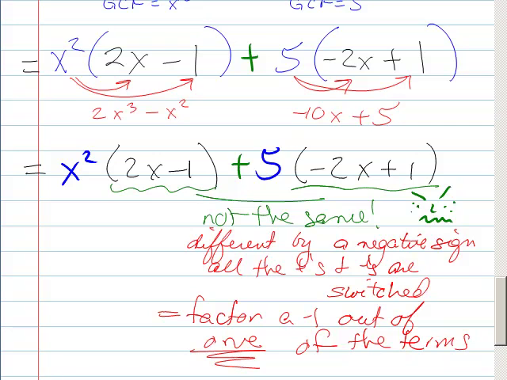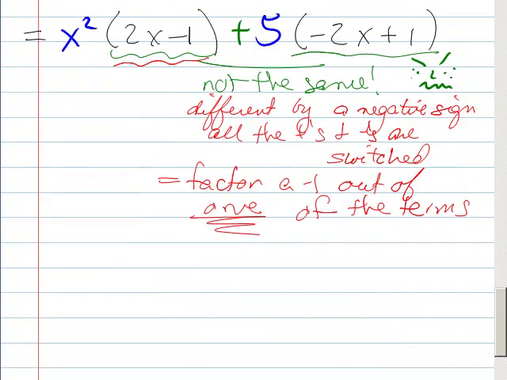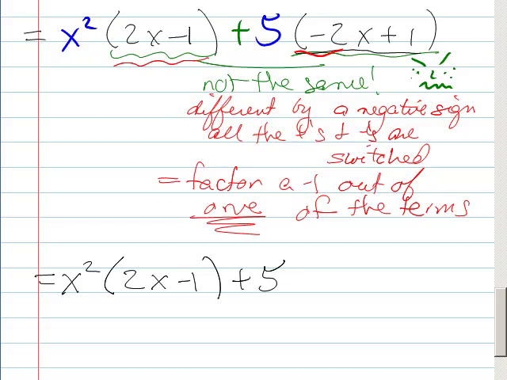Okay, so factor a negative 1 out of one of the terms. I like the way this looks, so I'm going to leave that one the way it is. So I'm going to leave this as x squared times 2x minus 1 plus 5. Now I'm going to pull a negative 1 out of here.